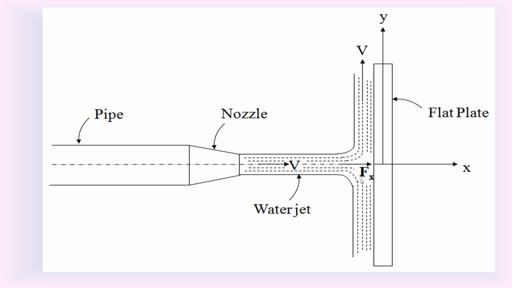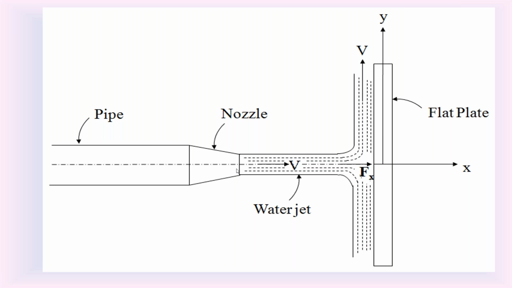So this force Fx is equal to mass of water jet divided by time into the initial velocity of water jet in the direction of force Fx, that is v, minus the final velocity of water jet in the direction of force Fx, that is 0. And we know that the mass of water jet divided by time is the mass of water jet coming out from the nozzle per second. That is rho A V.